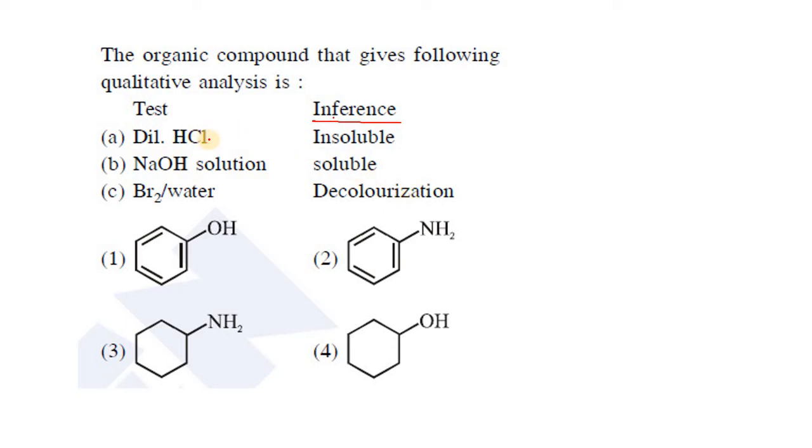When the given organic compound is insoluble in dilute HCl, it means the compound is a carboxylic acid or phenol. The compound is acidic in nature.